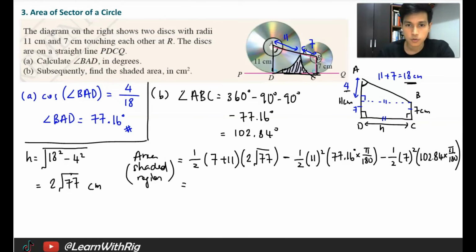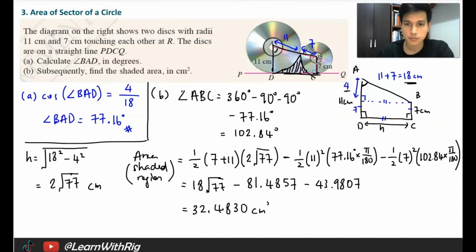Use your calculator, you should get 18 root 77, minus 81.4857, minus 43.9807. So your final answer should be 32.4830 cm squared. That's how you solve this kind of question.